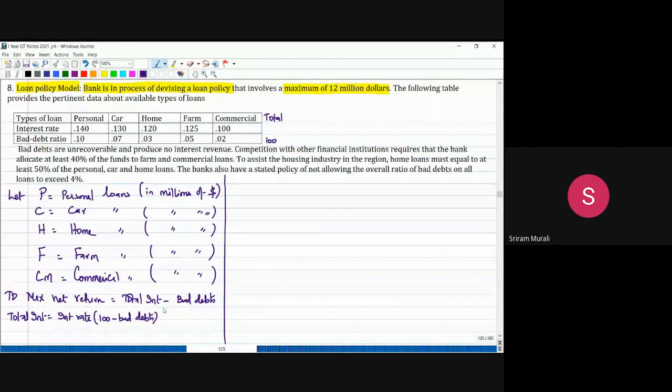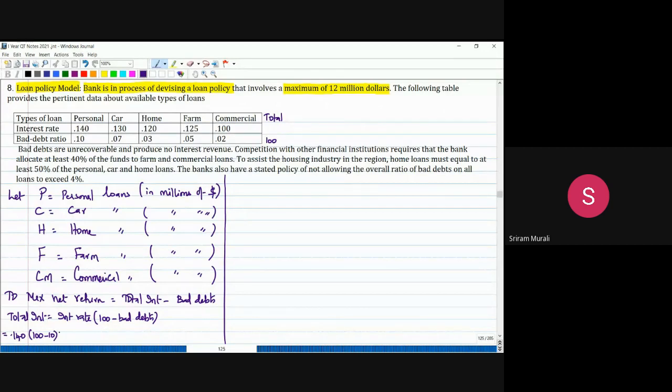So for the total interest I get, in 100 I gave, I don't get 10%. So in the amount I allocated for personal loans, at 0.140, I got only 90%. 10% is not recovered, so 90% is the total interest I got.